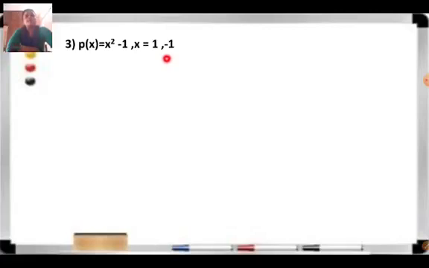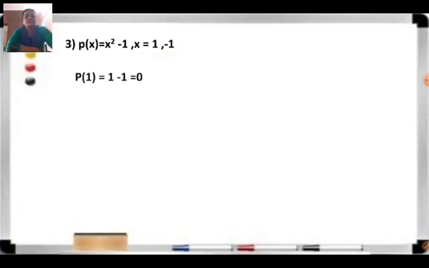For an expression, if it is a quadratic polynomial, there will be 2 zeros. If it is a cubic polynomial, it may have 3 zeros. Here, x square minus 1 is a quadratic polynomial, so there may be 2 zeros. Therefore for x equal to 1 and minus 1, we have to check both the numbers.